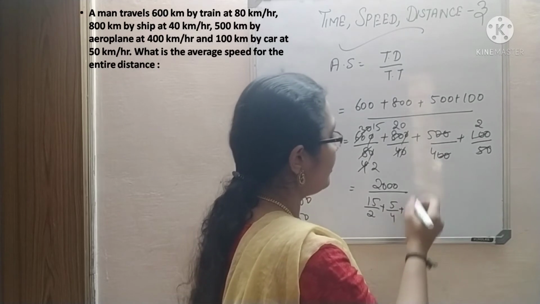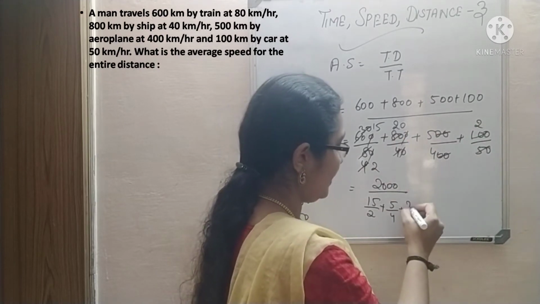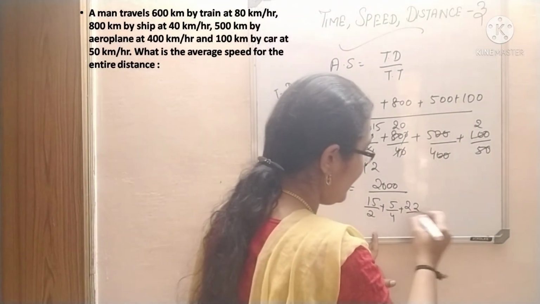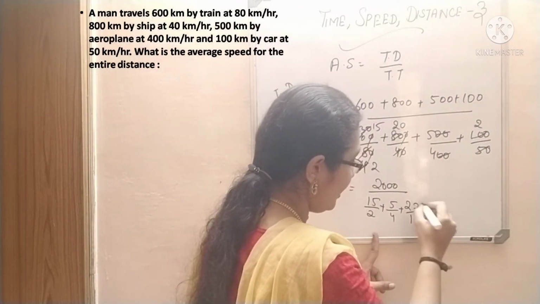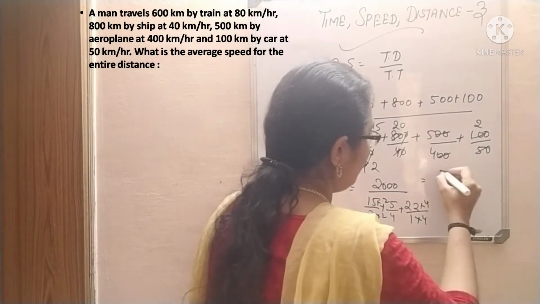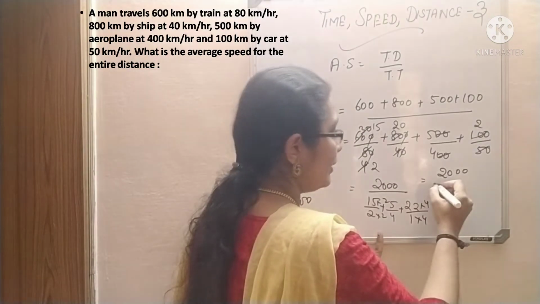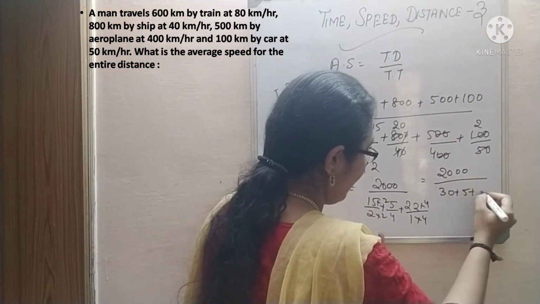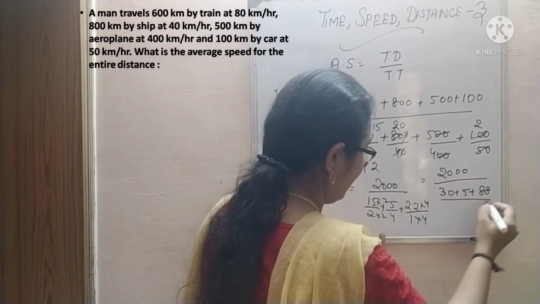Okay, remaining whole number you can add. 20 plus 2 is 22. Okay, so here LCM is 4. Right? So 1 into 4, here into 4, here into 2 into 2, which is equal to 2000 divided by 15 2s are 30, 30 plus 5 plus 88 divided by 4.